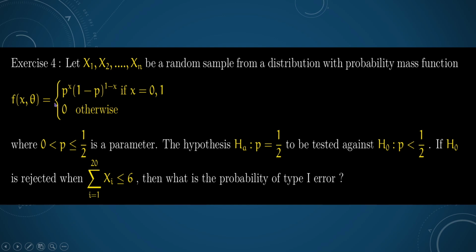The exercise gives you the form of the probability mass function: f of h, theta, is equal to p to the power h times (1 minus p) to the power 1 minus h, if h equals 0 or 1.